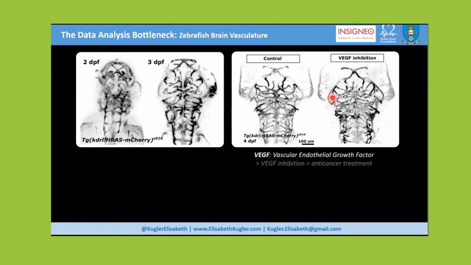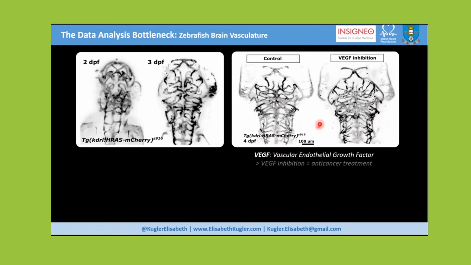In this case, it is an anti-cancer drug called a VEGF inhibitor. VEGF is vascular endothelial growth factor, so it is really important for vascular growth, or blood vessel growth. If we inhibit it, we want to reduce the vasculature very directly, and this is in fact being used as an anti-cancer treatment.